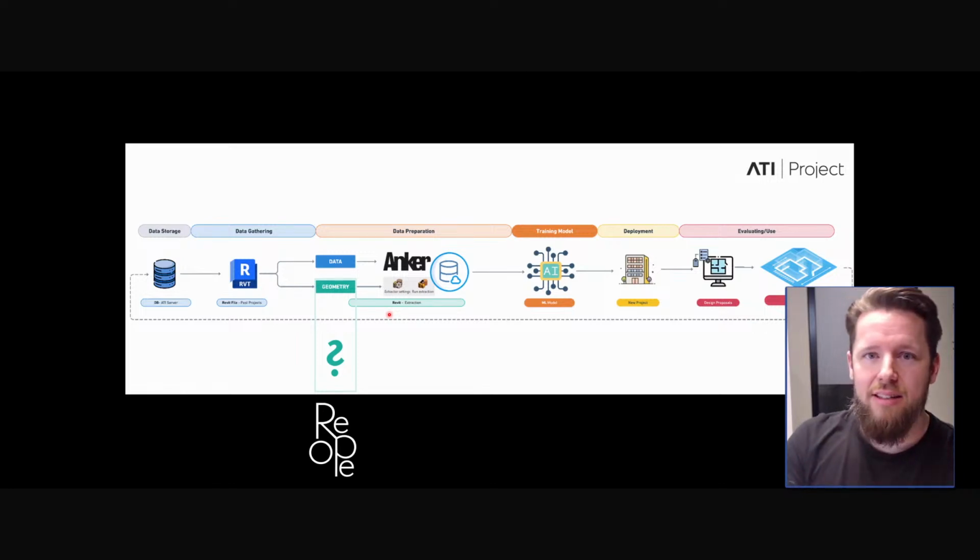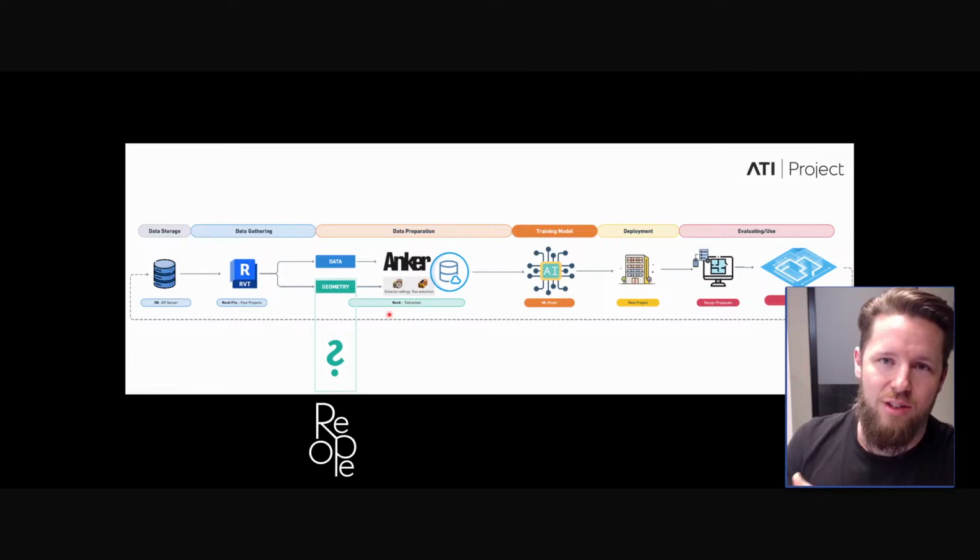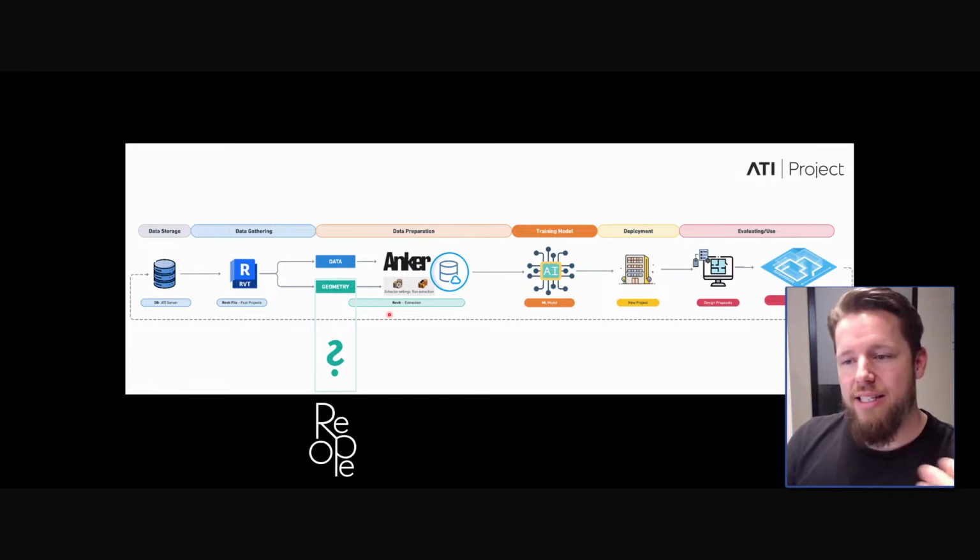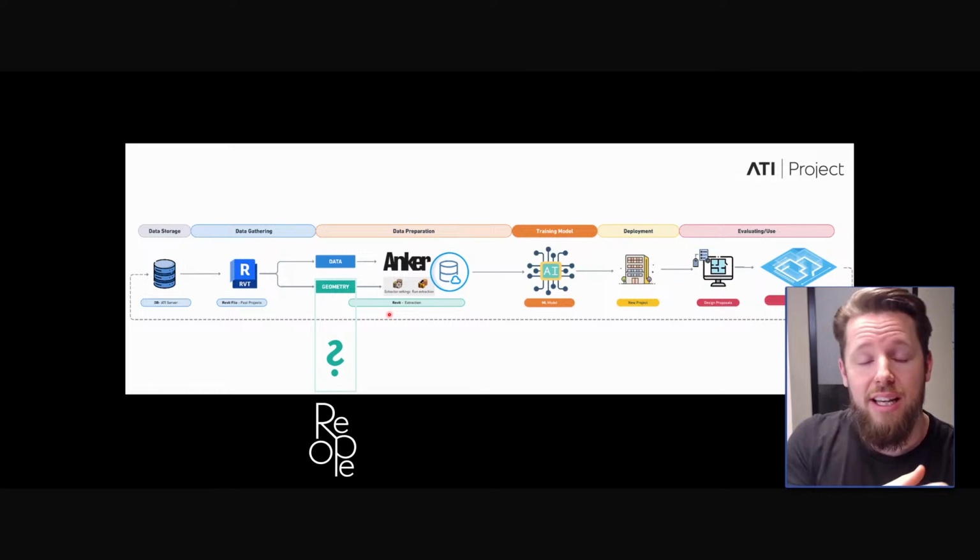This is laying the groundwork for being able to work with AI on data that's unique to the firm. So instead of just using what's available online, built on generic data, ATI is taking a very conscious decision to say, we want to work with our own data because we want our current and future design decisions to be informed by our own design from the past.